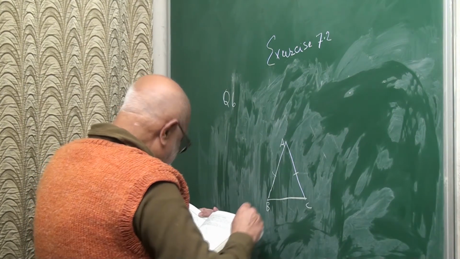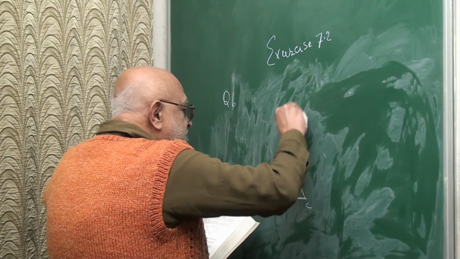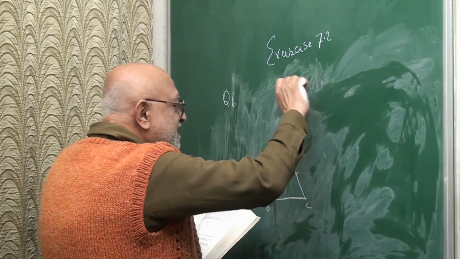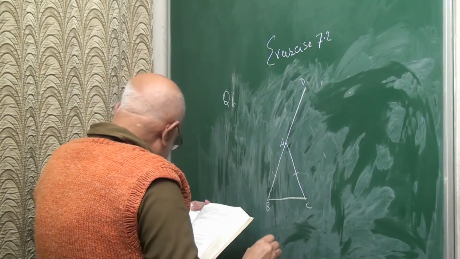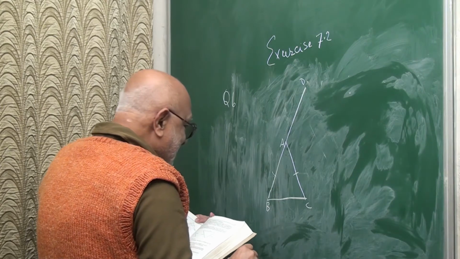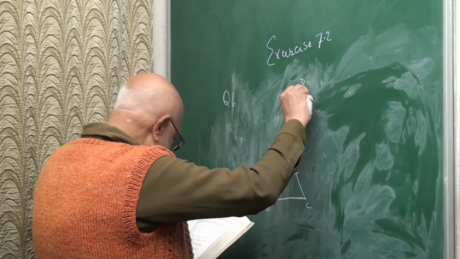And then it says BA is produced to D such that AD is equal to AB. So AD is equal to AB.